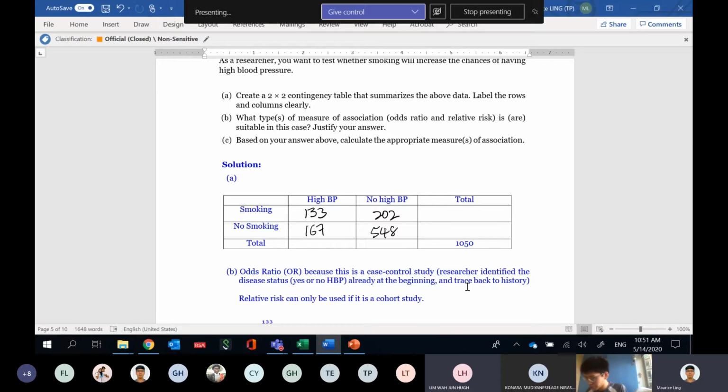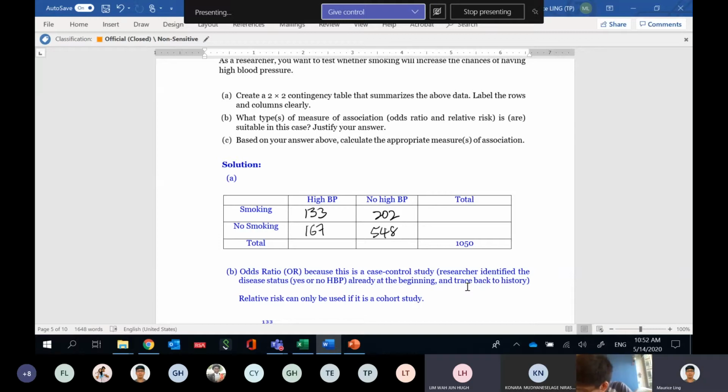Haven't gotten too far yet, so sorry. Okay, calculate. Okay. 2.16.